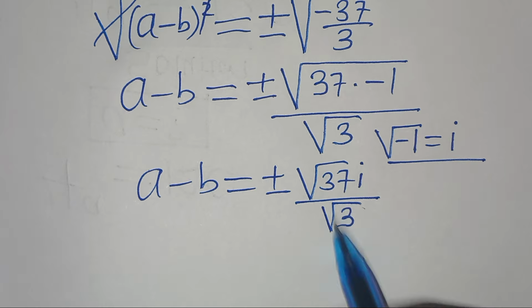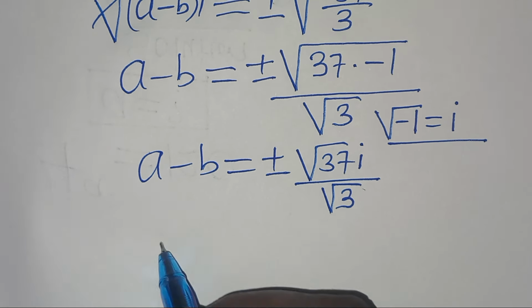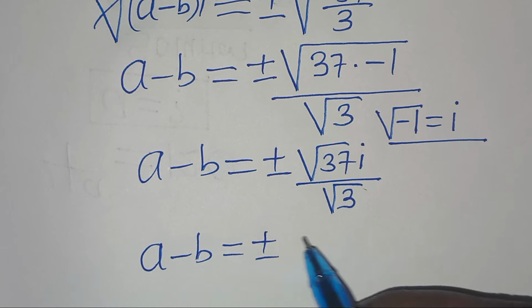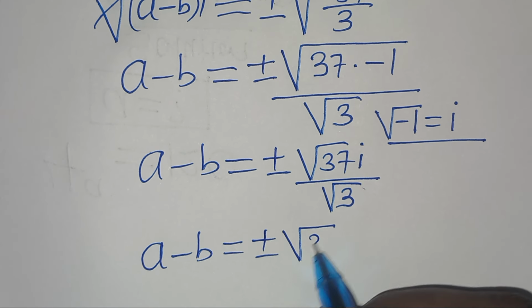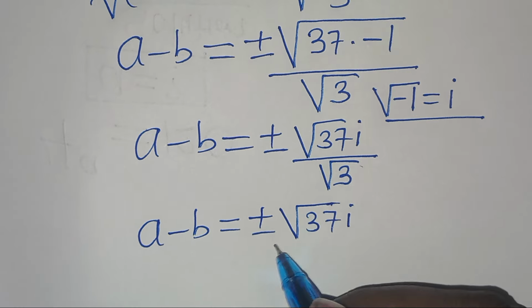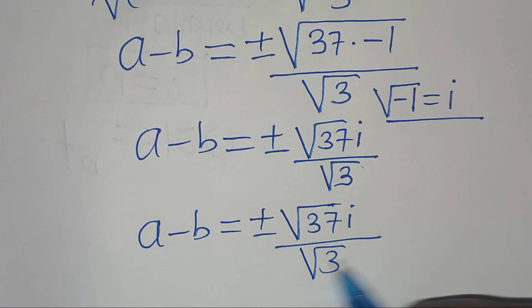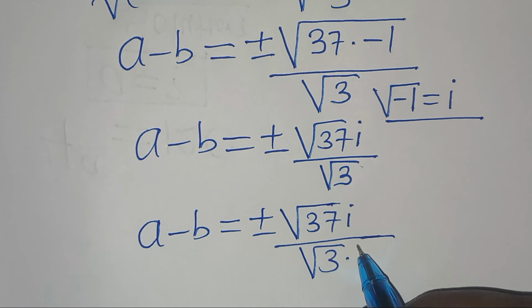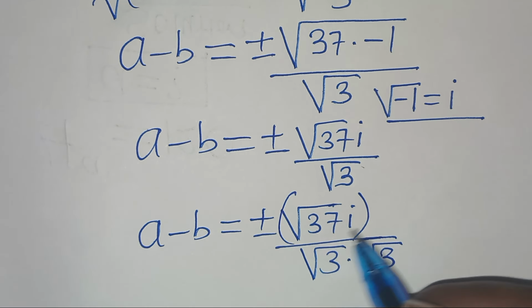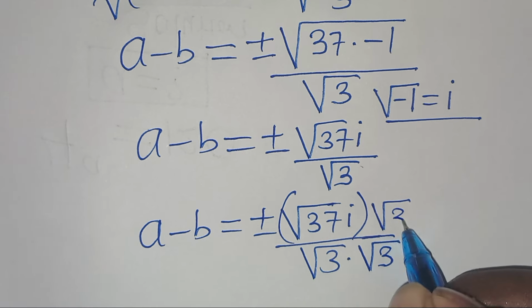Now, let's rationalize the denominator here. That means we have a minus b equal to plus or minus the square root of 37 i over the square root of 3. Rationalizing the denominator, we multiply by the square root of 3. The same case with the numerator, we multiply by the square root of 3.